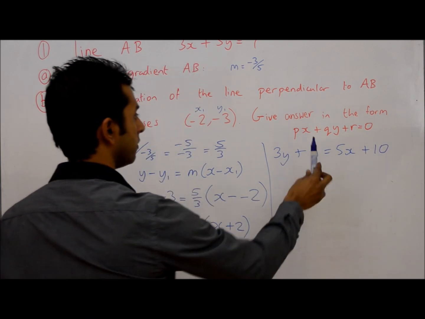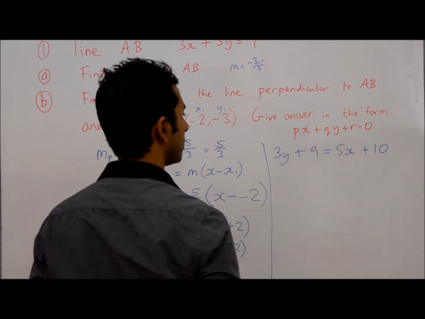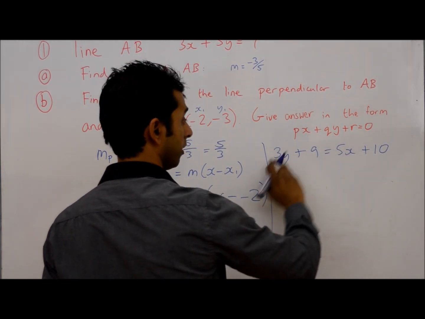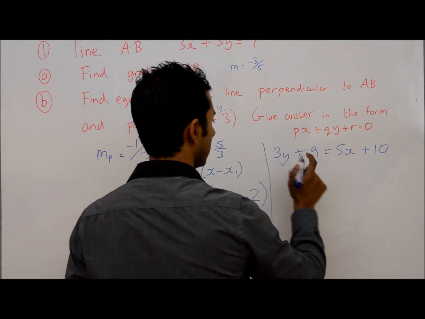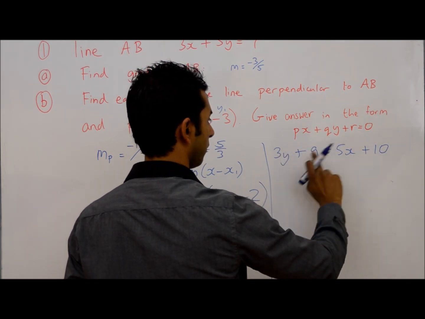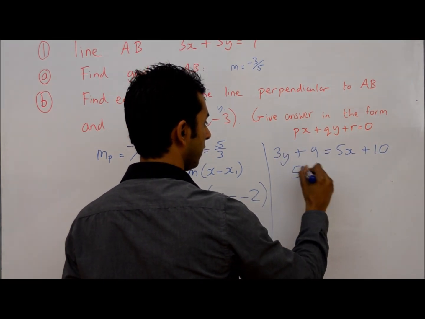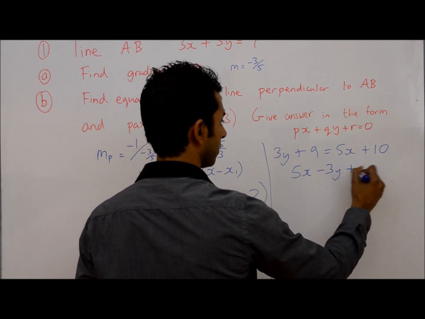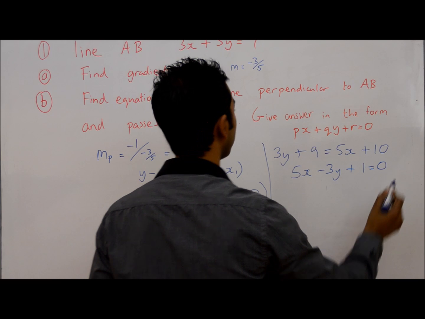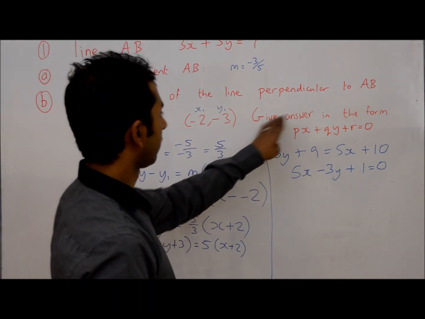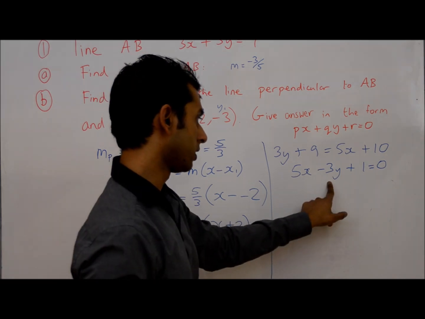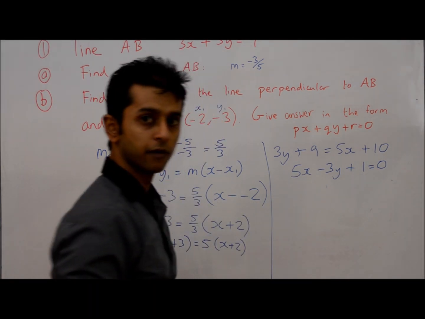And it says give the answer in the form of that. So what I'll do is I'll bring everything over to the right hand side. You could bring it over to the left, but let's go with the right. So we're going to minus the 3y and we're going to minus the 9. So we've got 5x minus 3y plus 1 equals 0. So we've now given our answer in the form px plus qy plus r equals 0. So 5x minus 3y plus 1 equals 0 is your final answer.